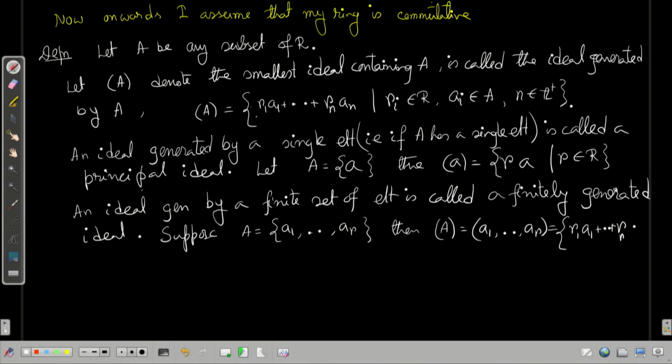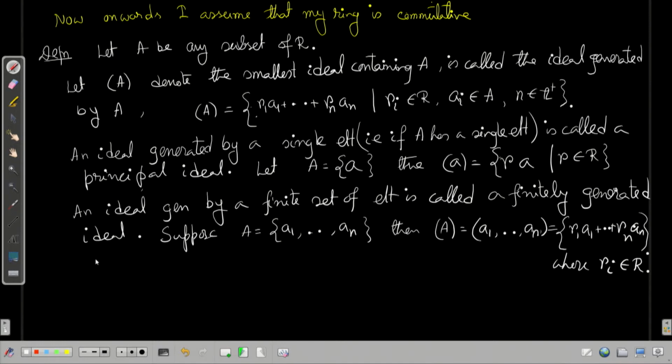So, maybe this is not a good notation, I will just change this r to n. Where this R i's are varying over the elements of the ring. So, this is how we define an ideal generated by finitely many elements.